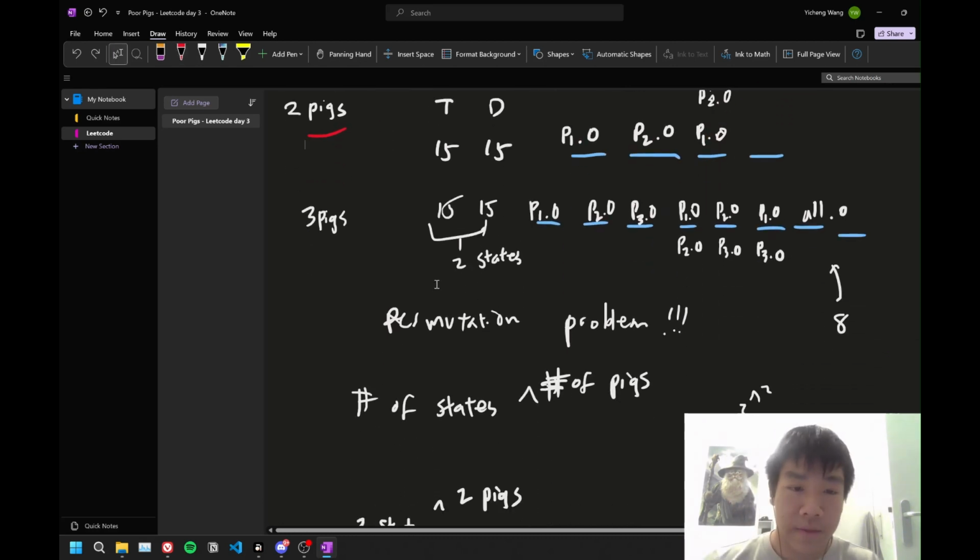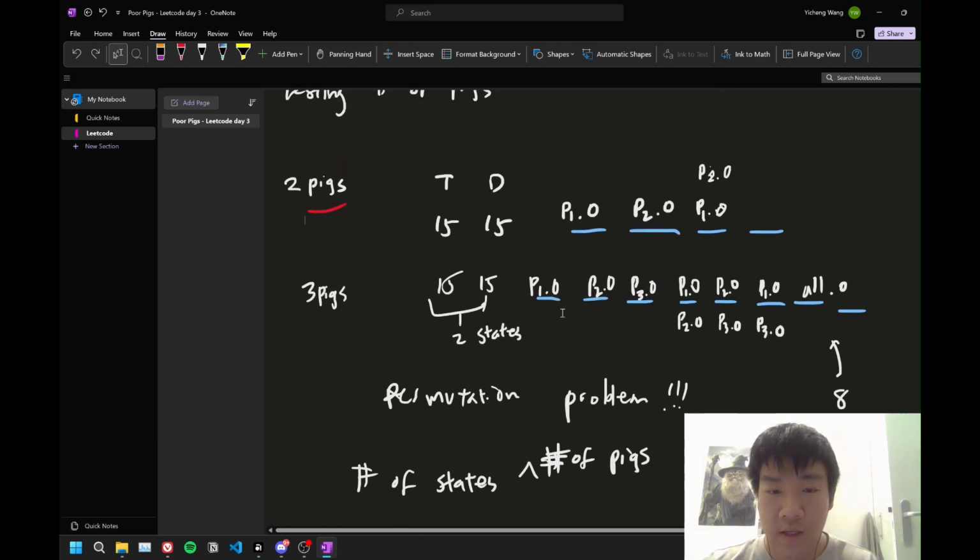And for three pigs it's very similar. Instead, you would stack it. So this is like all the combinations, and then you would have every pig drink one bucket, and that gets you eight.